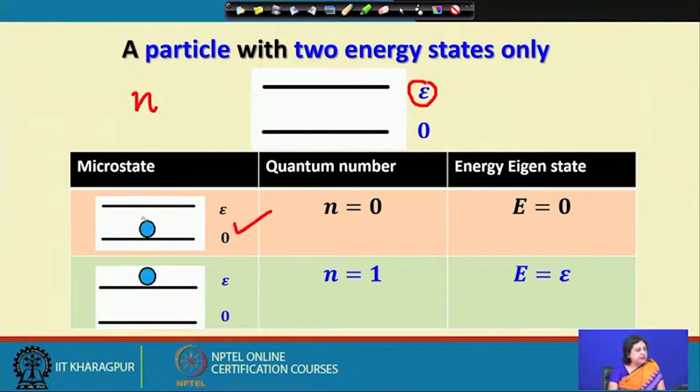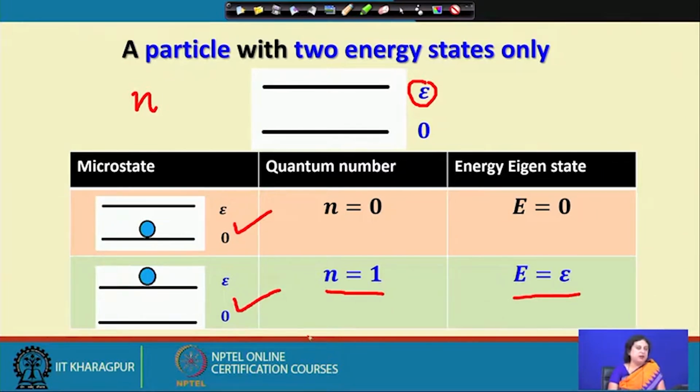So, by using this ball, all I am trying to say is the system now occupies the lower energy eigenstate. Now, when the quantum number n is equal to 1, so it has taken up its second possible value, then the energy of the system would be equal to epsilon, and then this is going to be a typical representation of the microscopic state.